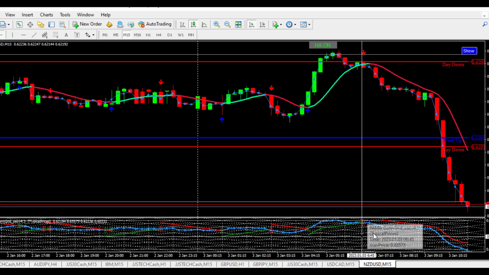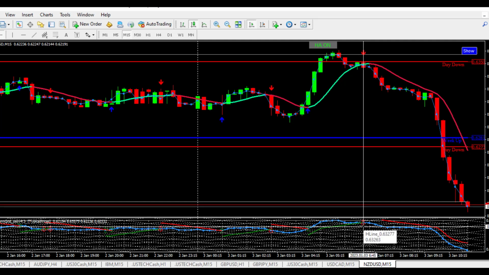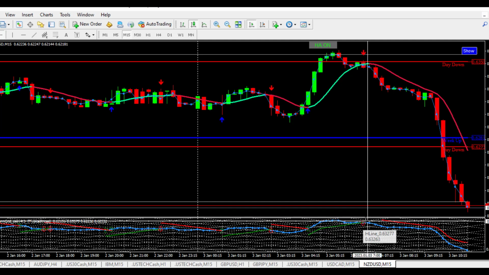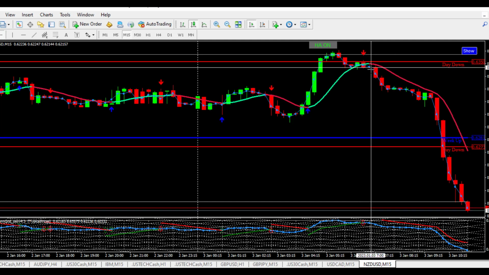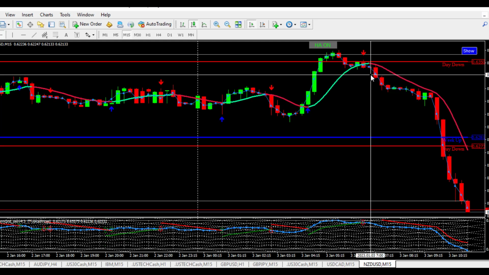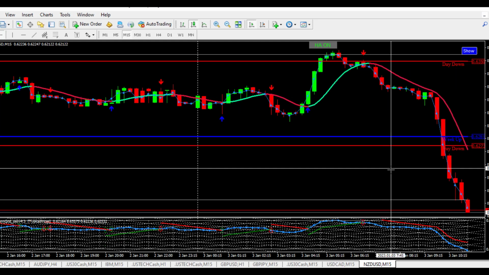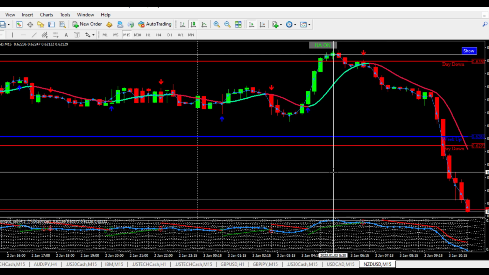When you look at the indicator window, the PAMA indicator gave us a sell at this particular point. We have an arrow to go down, but we wait for all the indicators. At this point we have everything in agreement for us to place this trade, and so this went down well.